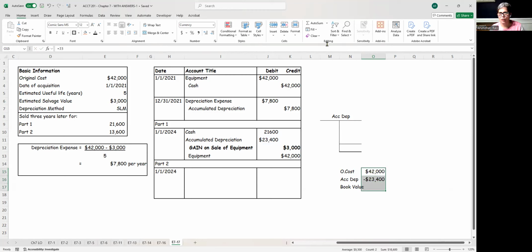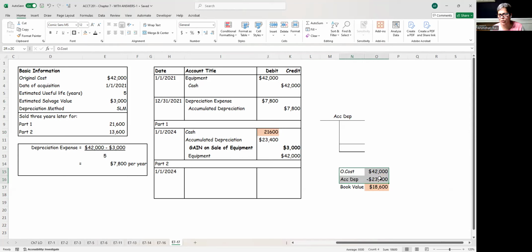So my book value on this day is 18,600. Compare this number, 18,600, with how much I sold it for. I sold it for 21,600. So I sold it at a gain. I sold it at more than my book value. Therefore, I have a gain of 3,000.